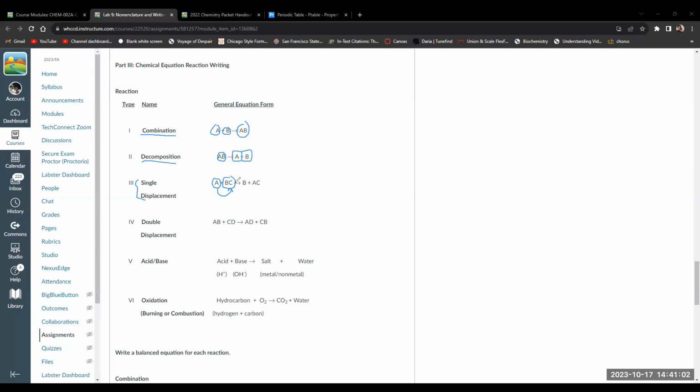So notice that the BC is formed into AC, and the B in that species is being pushed out.